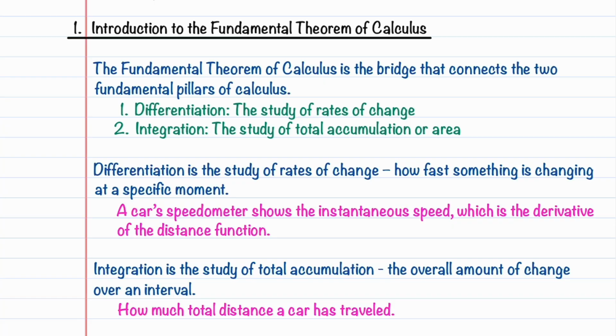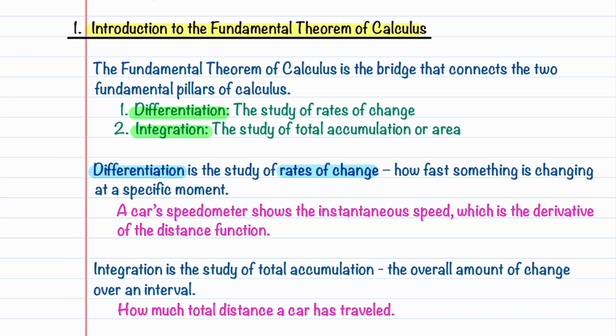Let's begin by looking at how the fundamental theorem of calculus connects the two main ideas in calculus, differentiation and integration. Differentiation is the study of rates of change, in particular, how fast something is changing at a specific moment.